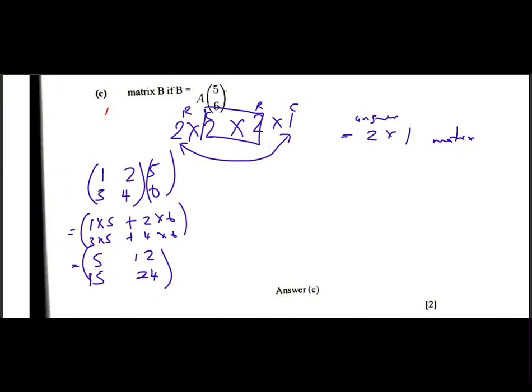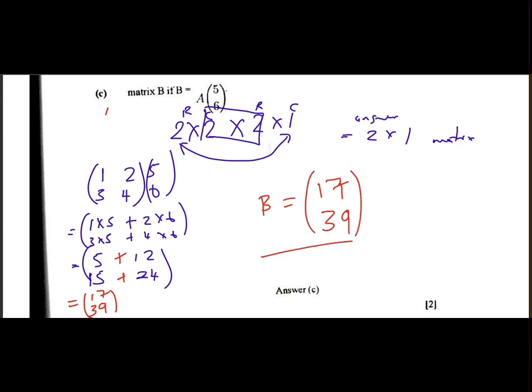Then we add those numbers: 5 plus 12 gives us 17, and 15 plus 24 gives us 39. So our matrix B will be (17; 39).